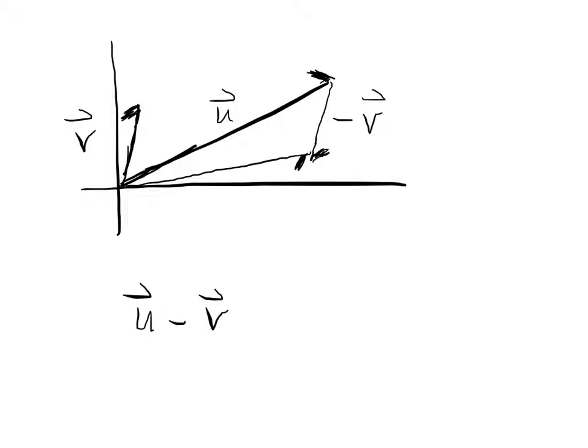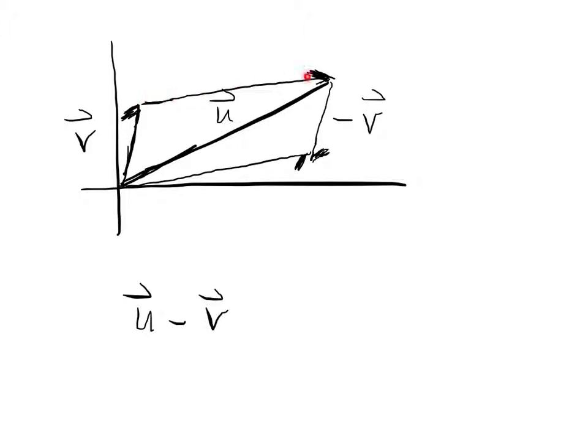Now if I look at this figure for a minute, these two sides are going to be parallel and congruent because they're vectors of the same magnitude in the opposite direction, which means this whole figure is a parallelogram. If I draw this vector in up here, it is going to be parallel to and equal in magnitude to this vector down here.